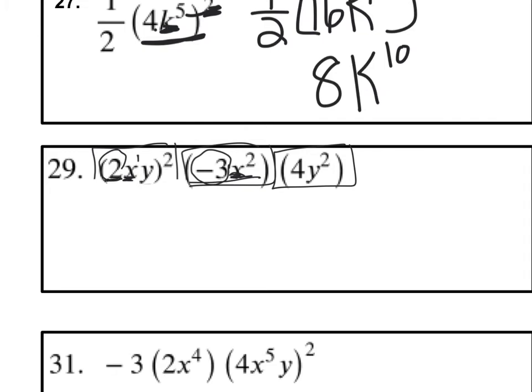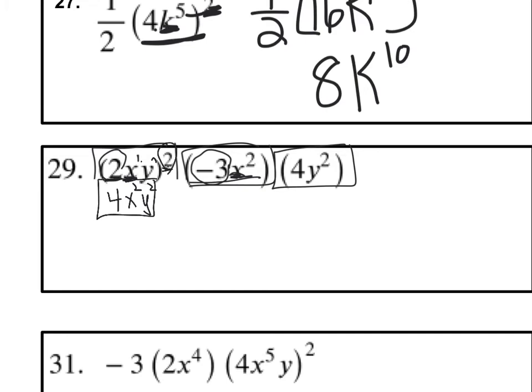The 16 meant that I was going 2 squared. So 2 times 2 is 4. Then x to the first squared. This is base to 2 exponents, a 1 and a 2. So we get x squared. And then y to the invisible 1 squared is y squared. We didn't do that power first.